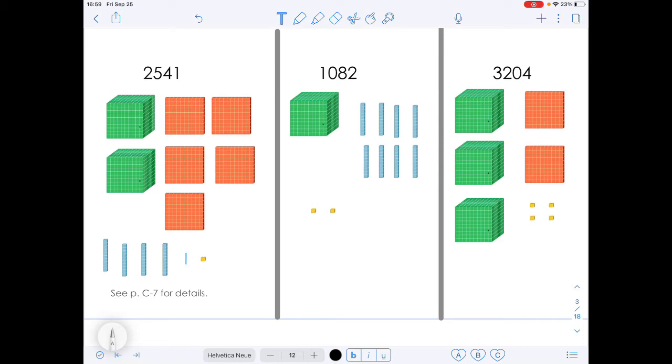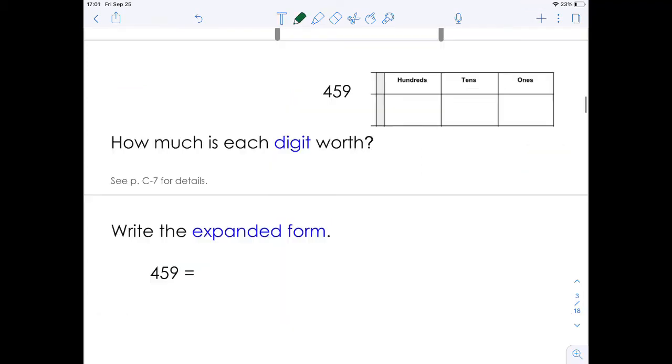So 2 1,000s, 5 100s, 4 10s, and a 1. And then we have 1,082, so we have a 1,000 block. We have no 100 blocks. We have 8 10s and 2 1s. And finally, 3,204: 3 1,000 blocks, 2 100 blocks, no 10 blocks, and 4 1 blocks.